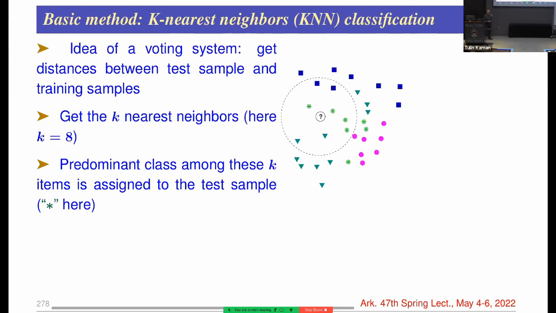So the basic method in this context is k nearest neighbors classification. It's really basic. You have data around your test item, which is this one, which you don't know how to label. Then you get the k closest ones from it, and you use the idea of a vote.